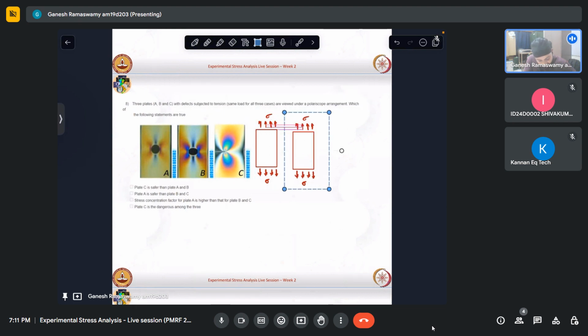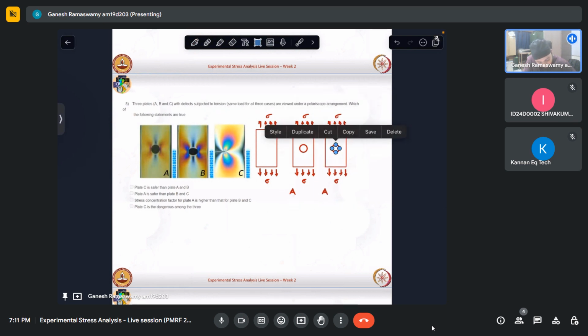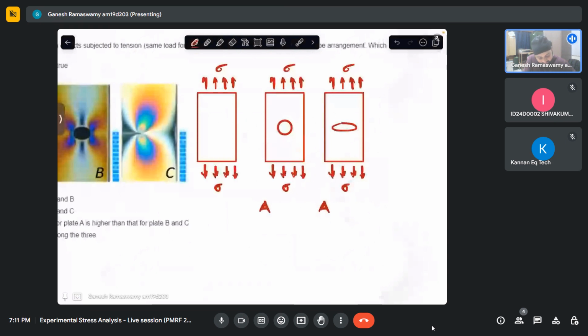The next case we saw is case A, where there is a hole here. In the next case, that hole got replaced with an ellipse like that.